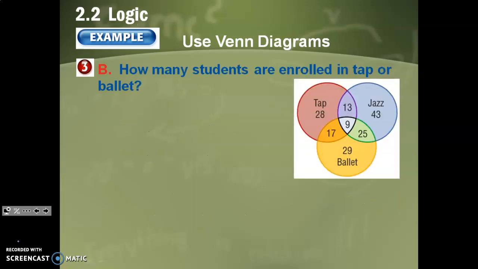How many students are enrolled in tap or ballet? So now, tap or ballet, you want everyone in one circle and everyone in the other circle, including the overlapping ones.